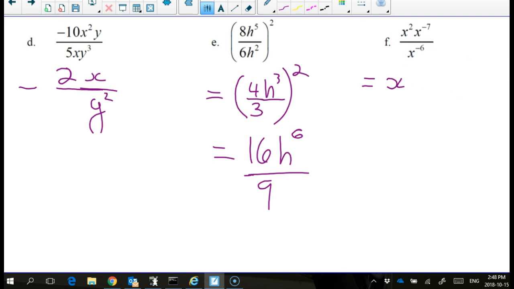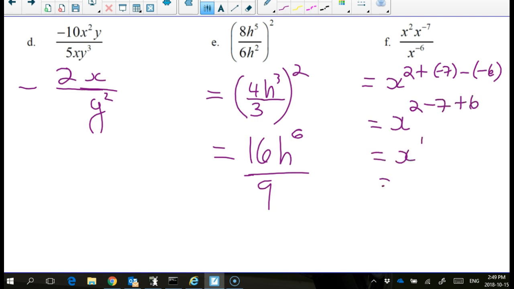That's going to be 2 minus 7 plus 6, which is x to the 1, or just plain old x. Because you've got a product of a power, you add exponents, then you've got a quotient, so you subtract. These two get added, and then this one gets subtracted from it.